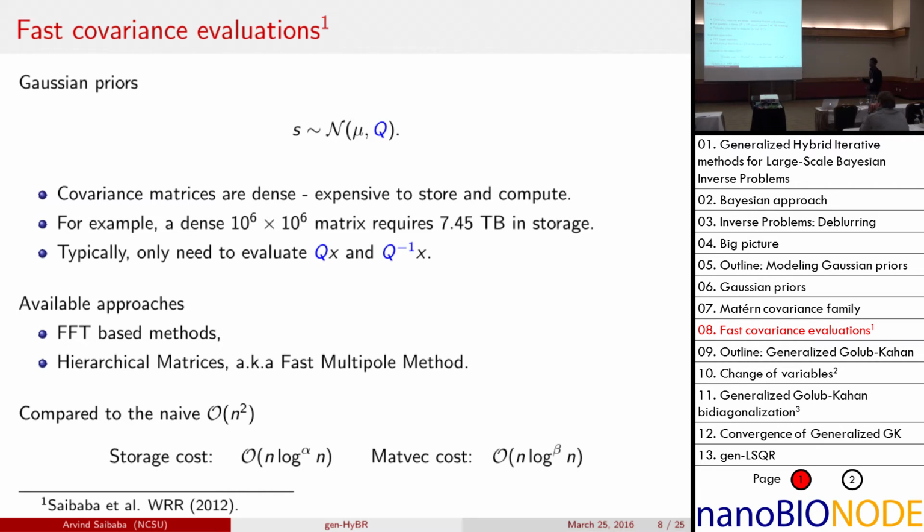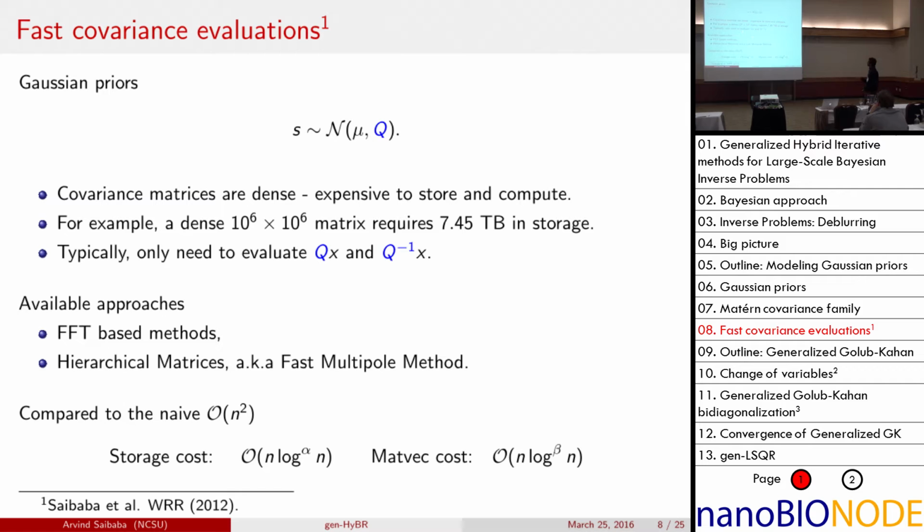This requires about 8 terabytes in storage. So why would you want to use it? Well, this is an iterative method talk, and one only needs to deal with the covariance matrix times a vector, an implicit matrix vector product, and the inverse. But let's assume I can do the inverse using a Krylov subspace method, but I don't want to do it. I want to avoid doing this.